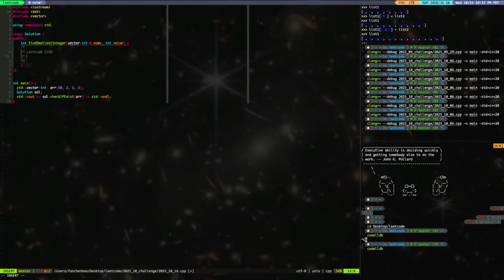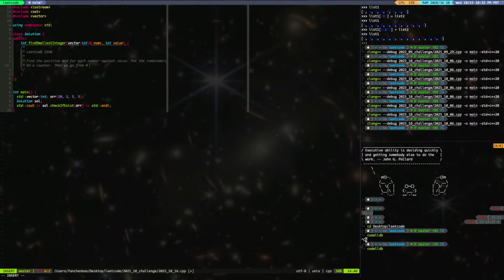2598, right? So find the positive mod for each number against the value. Put the remainders in a counter. Then we go from 0 to randoms, right?